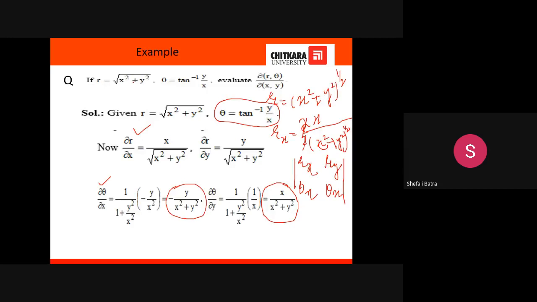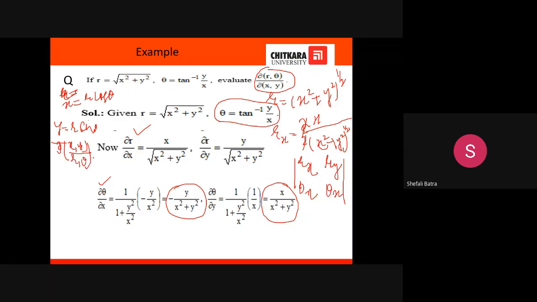r is a function of x and y. Theta is again a function of x and y. You need to evaluate this, right? And before that, I have told you, x is equal to r cos theta and y is equal to r sin theta. Then you evaluated the Jacobian of x, y with respect to r, theta.